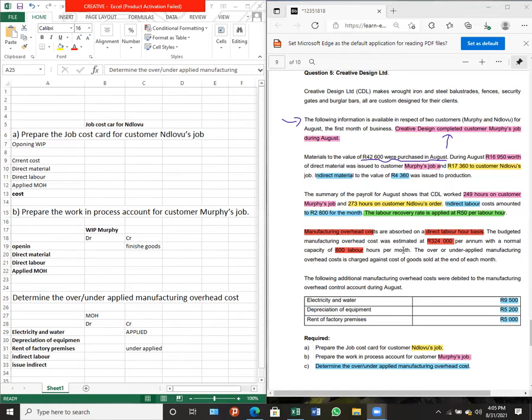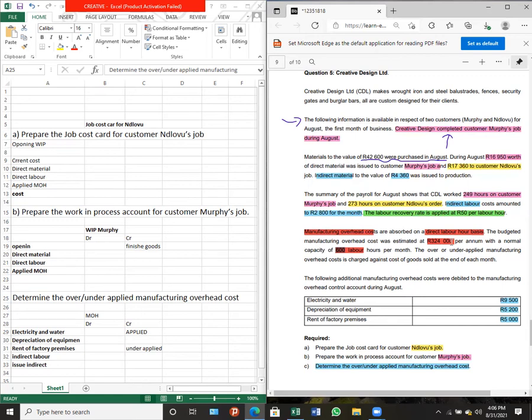You can't compare a banana with an apple, so you must multiply by 12 to get the annual budgeted labor hours. This is the budgeted information you will use to calculate your POR.